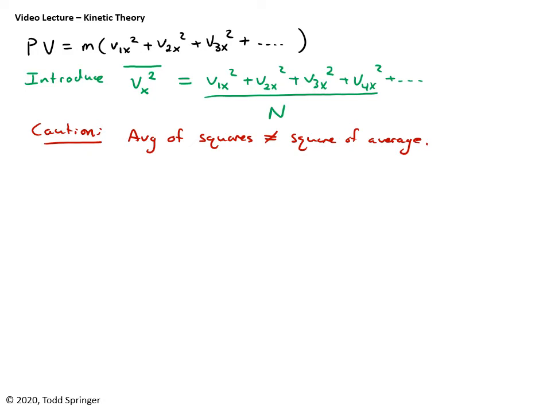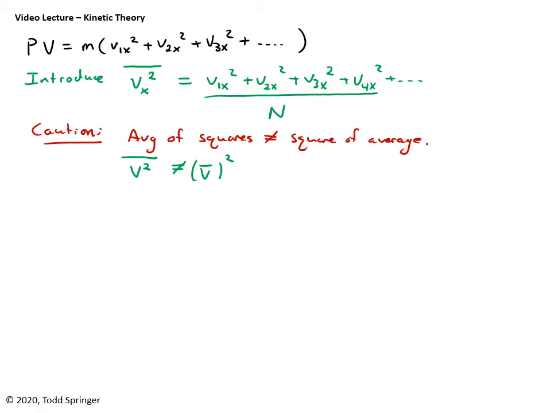So I'm squaring first, adding them and dividing by the number. I'm not averaging first and then squaring it. So just be careful. If I write v squared bar, that means the average of the squares. It's not the same as v bar squared. That would be the square of the averages.